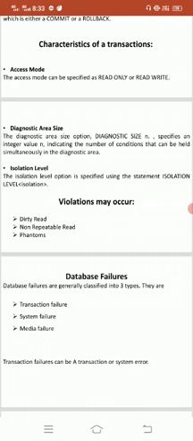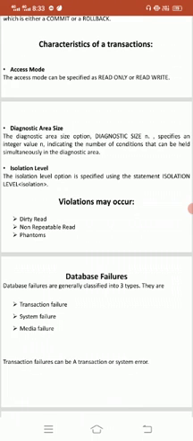Next, the second one, non-repeatable read. What is meant by non-repeatable read?